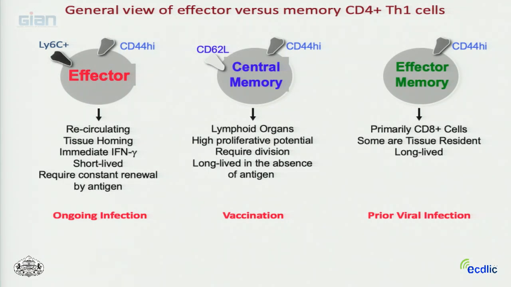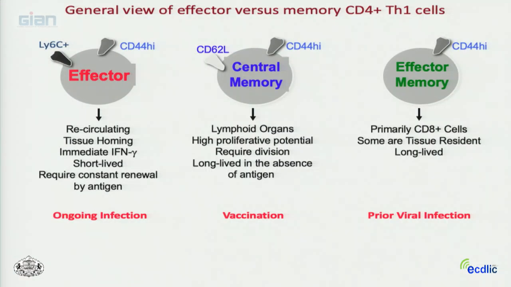So they don't divide, they're just recirculating. But the problem is they're pretty short-lived, and they require constant renewal by antigen. But they're activated, antigen-experienced, tissue-homing cells which confer, at the site of a secondary challenge, very rapidly the ability to activate cells for killing.